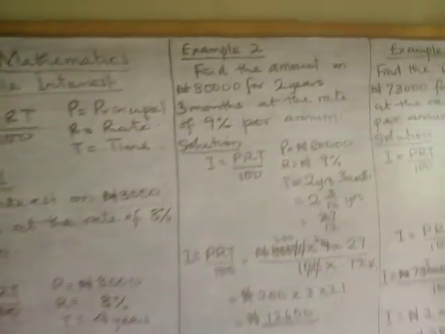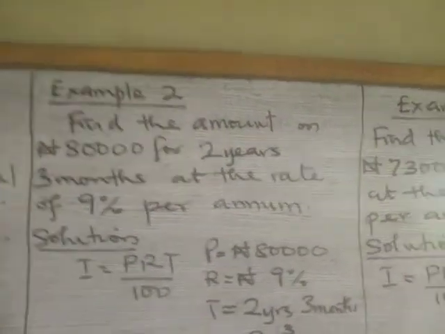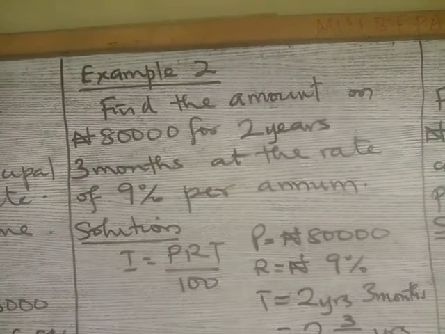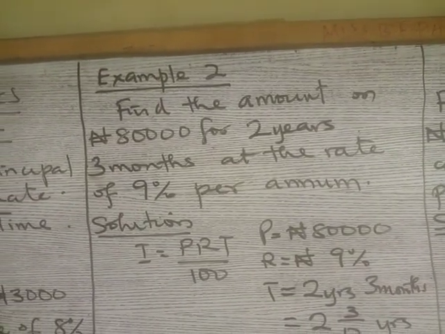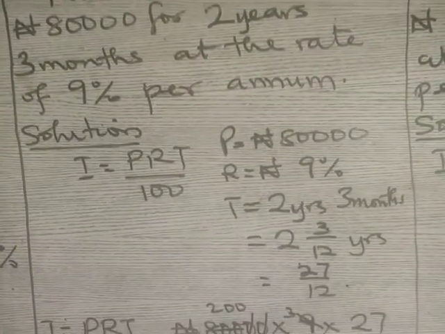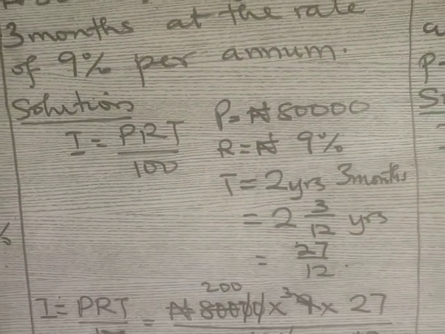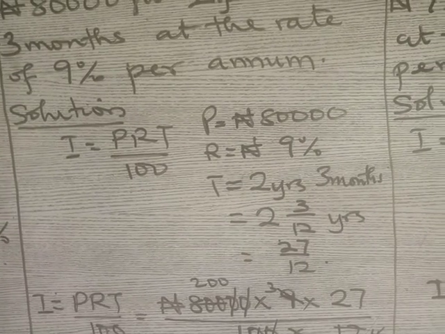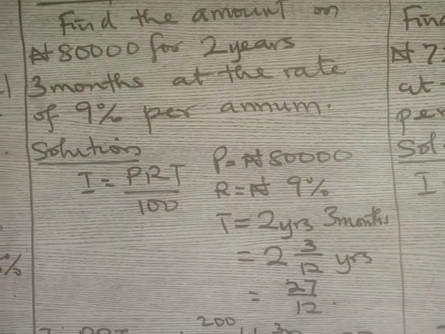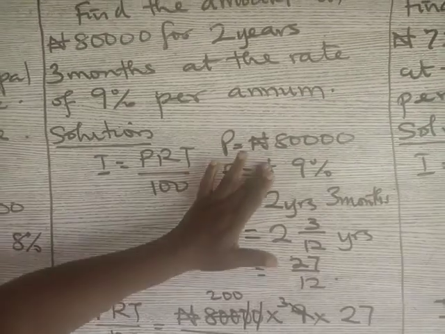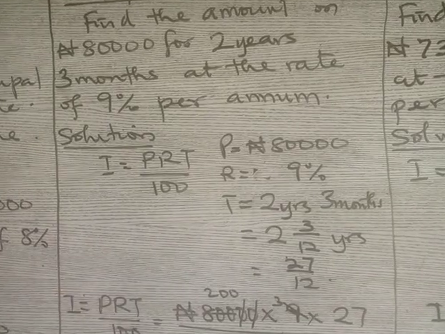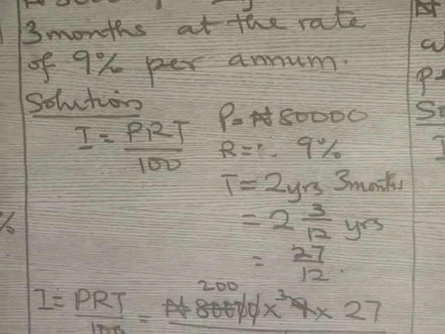Let's look at the second example, example 2. Find the amount on 80,000 naira for 2 years 3 months at the rate of 9% per annum. Solution: I equals PRT over 100. The P is 80,000 naira, that is the principal, while our rate is 9% and the time is 2 years 3 months.